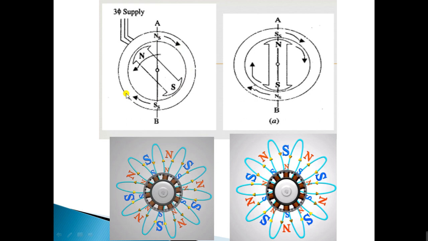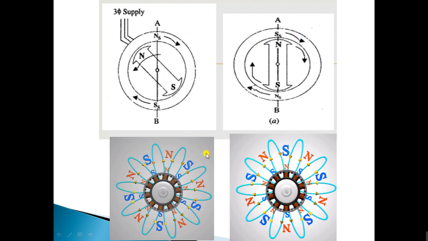At the fraction of a moment, this north pole becomes south pole. So this south pole attracts the north pole, so it tries to move in the clockwise direction. Further, in the next moment, again north pole comes here, it tries to move anti-clockwise. So the rotation of clockwise and anti-clockwise keeps going on frequently, so it cannot move further.